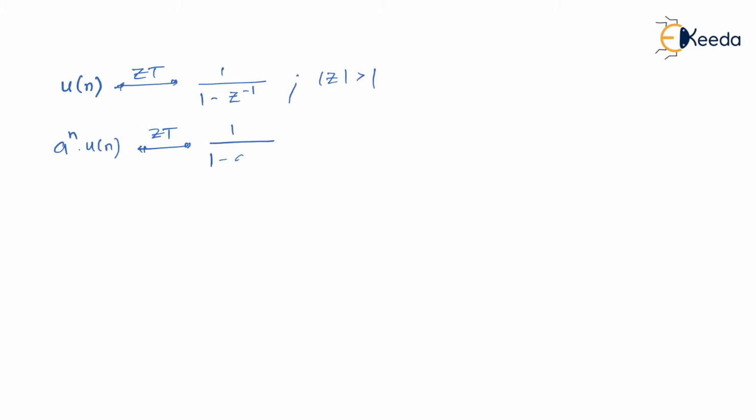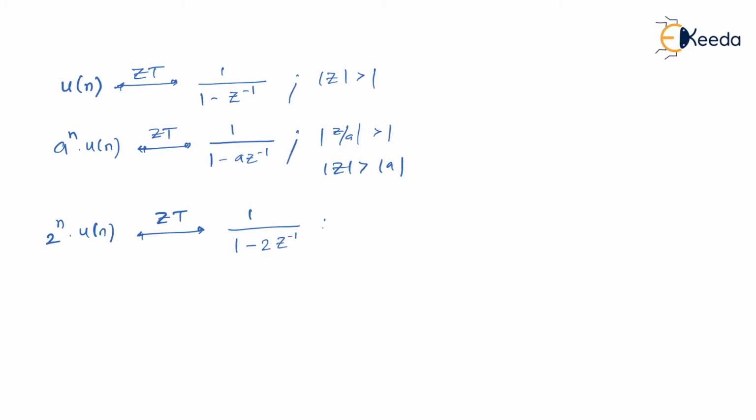Then it will become 1 upon 1 minus a z inverse, where every time z has to be replaced with z by a, then it will be mod of z by a greater than 1. Then I would say mod of z greater than mod of a. This is the ROC. Then what was given to us is 2 to the power n u of n. Then it will have z transform as 1 upon 1 minus 2z inverse, where mod of z is greater than 2, or you can say mod of 2 also, it doesn't matter.